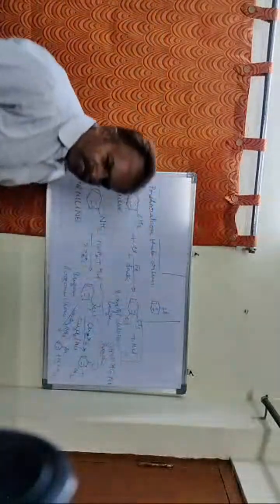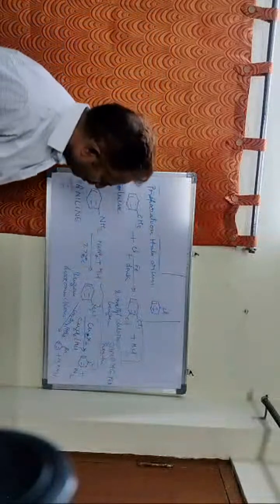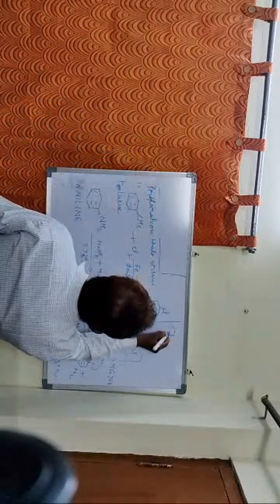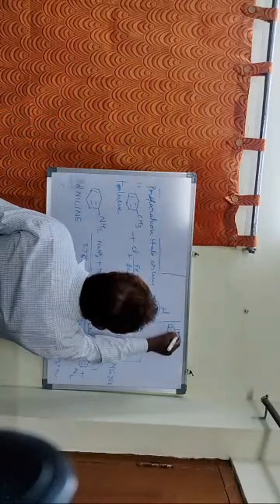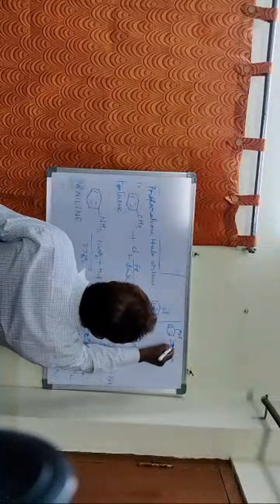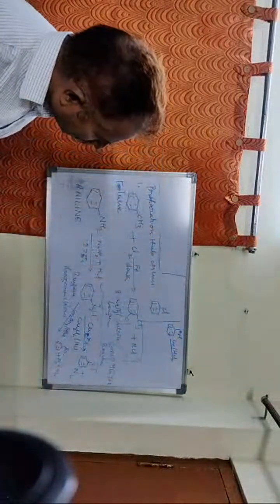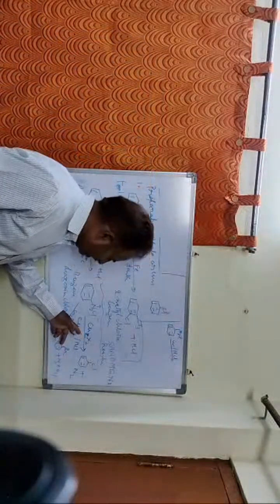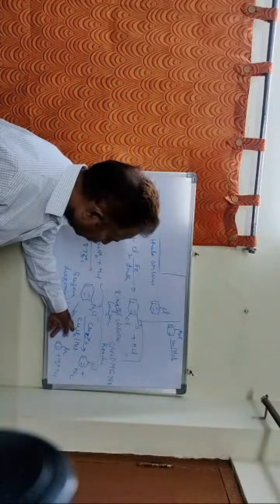Right. Now, these halobenzenes, aryl halides, can be obtained by using a different reagent also. That means benzene diazonium chloride, N2Cl, in the presence of copper powder and hydrogen acid. See here, only the reagent changes. Here we are taking cuprous chloride and HCl.